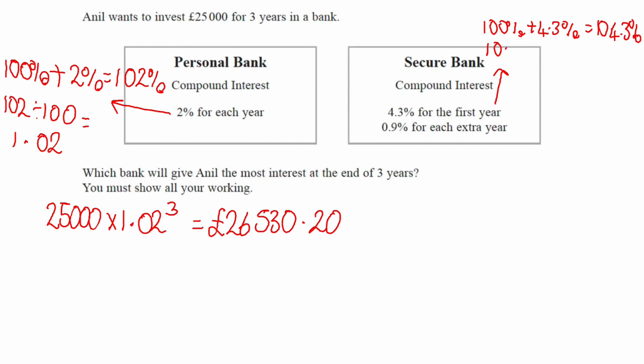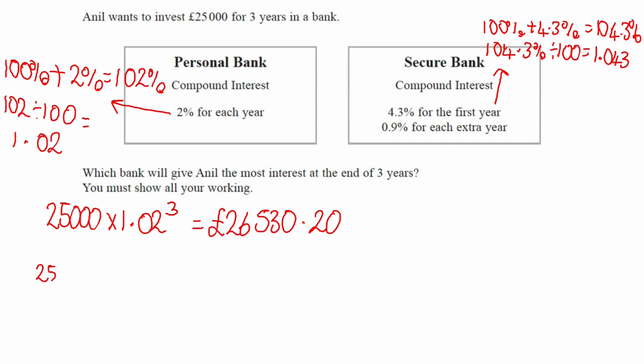So we've got 104.3% divided by 100 to put it into its decimal equivalent. So we've got 1.043. So for the first year, that is the multiplier we're going to use. So I'm going to write it down here.